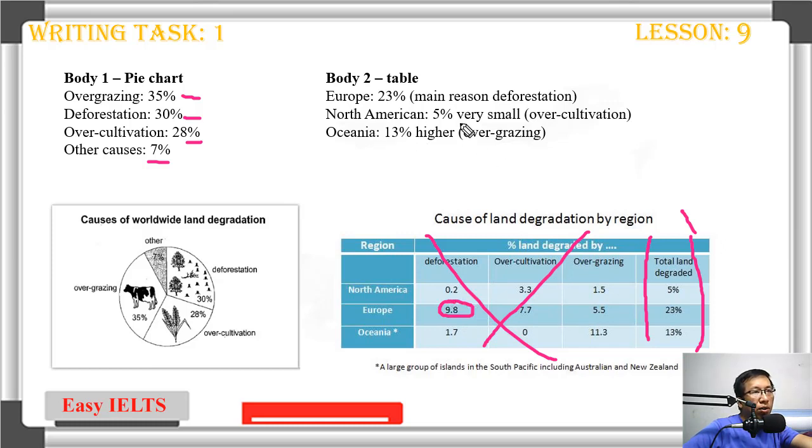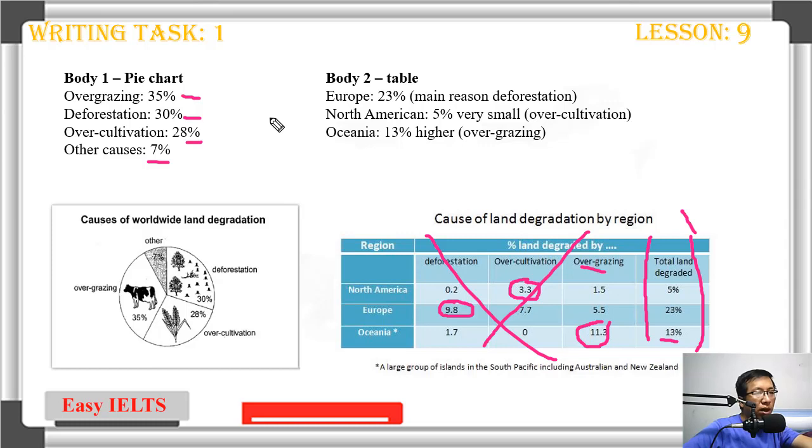North America 5%, very small, and the main reason is this, over-cultivation. In Oceania, a little bit higher, 13%, and the main cause is the over-grazing right here. So this is the outlines, body 1, body 2.